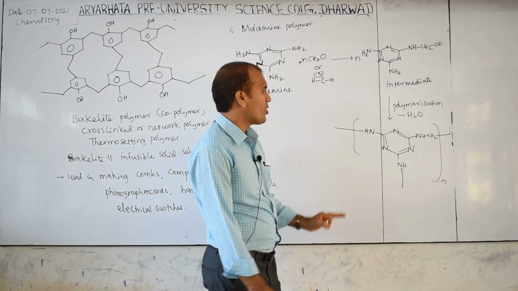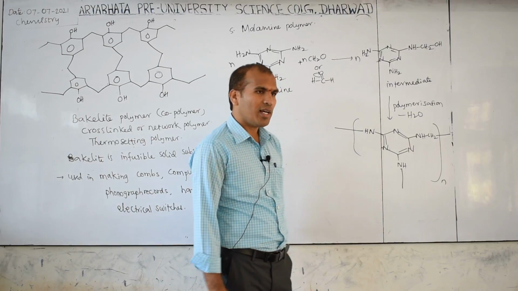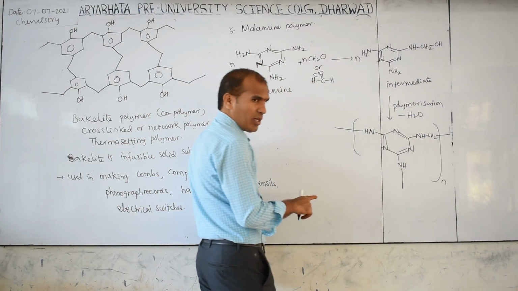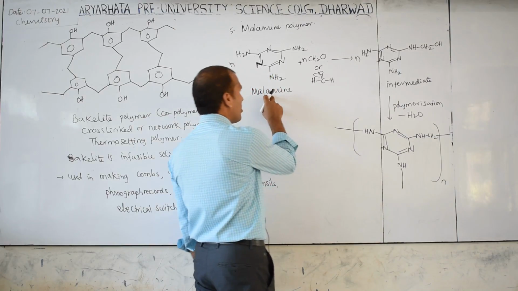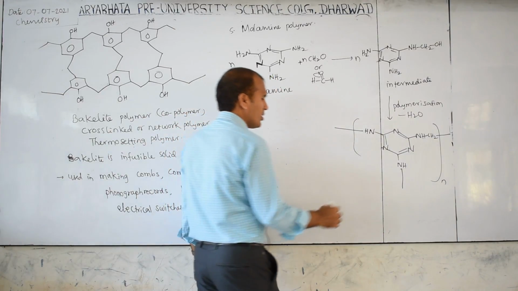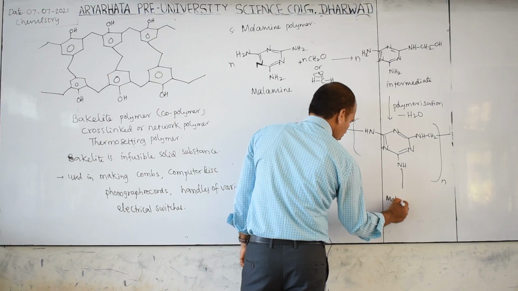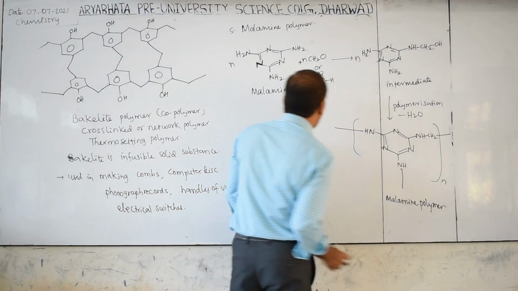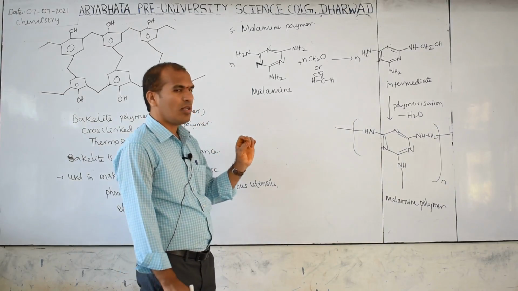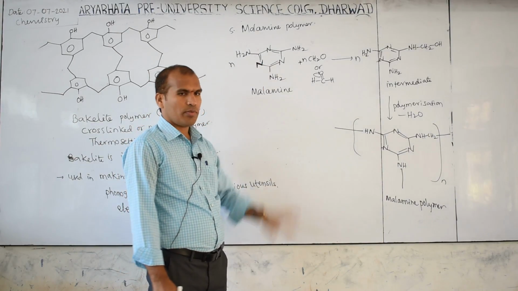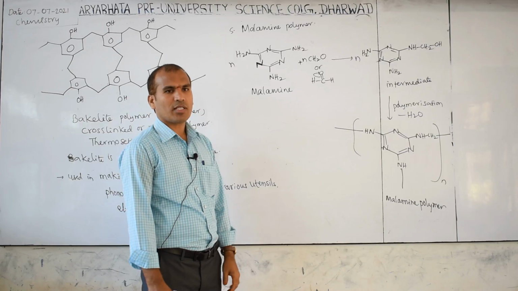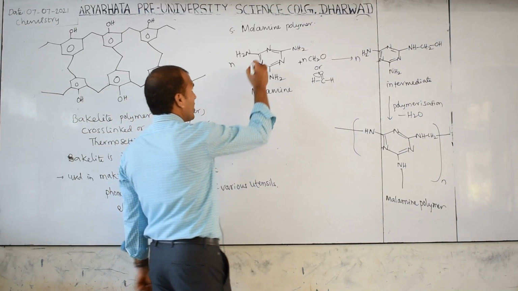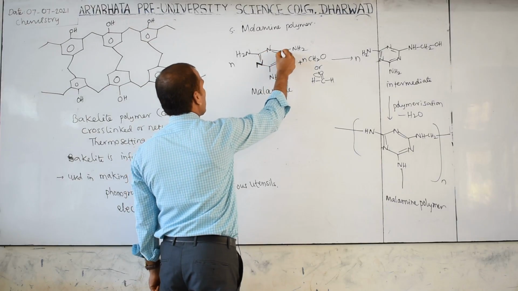For competitive exams, what will they ask in melamine? This is the melamine polymer, and this is the melamine monomer. In this melamine monomer, one time the carbon nitrogen ratio question was asked. How many carbons are there? 1, 2, 3.